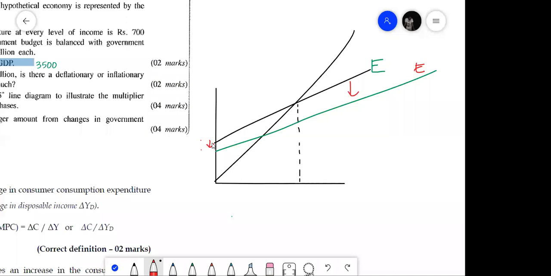But because government purchase fell by this much, can you see the equilibrium level of national income fell by this much? Can you see there's a huge drop? That is the multiplier effect. A small fall in government purchase, yes, expenditure fell a little, but as a result, your equilibrium level of national income fell a multiple number of times. The same thing happens when it increases, guys. That's the multiplier.